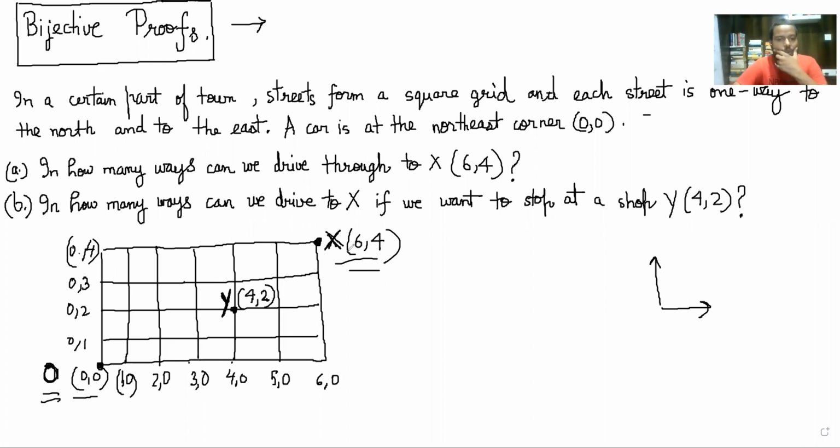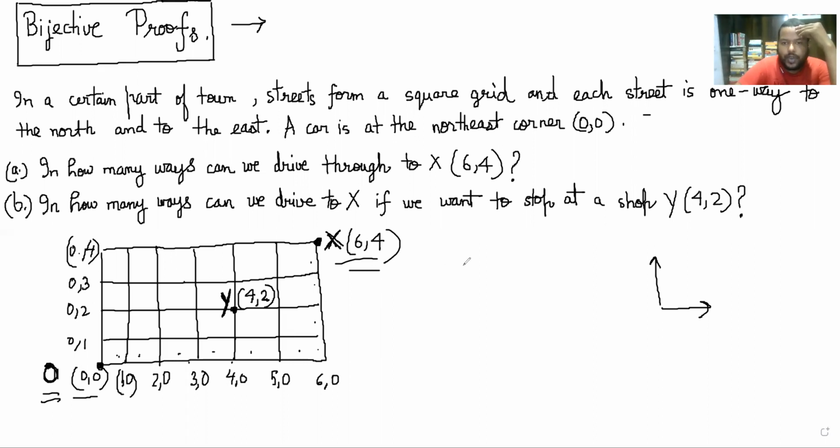So how many ways can you go there? Basically, if you think about it, this question boils down to taking 6 east steps, 1, 2, 3, 4, 5, 6 east steps and 4 north steps, right? So in 10 steps, you can reach X. You cannot reach X in 9 steps because then you will end up somewhere below or somewhere to the left.